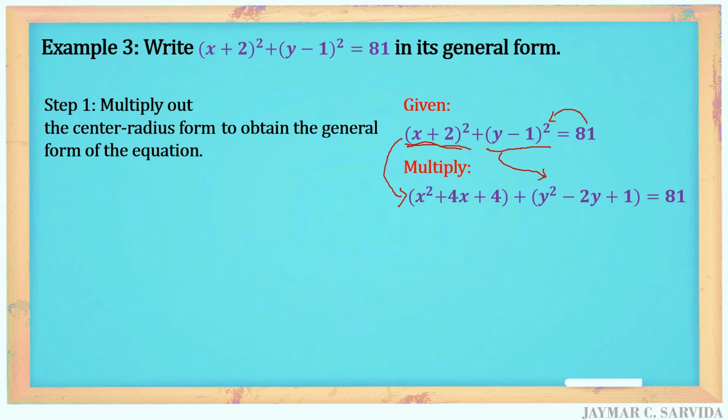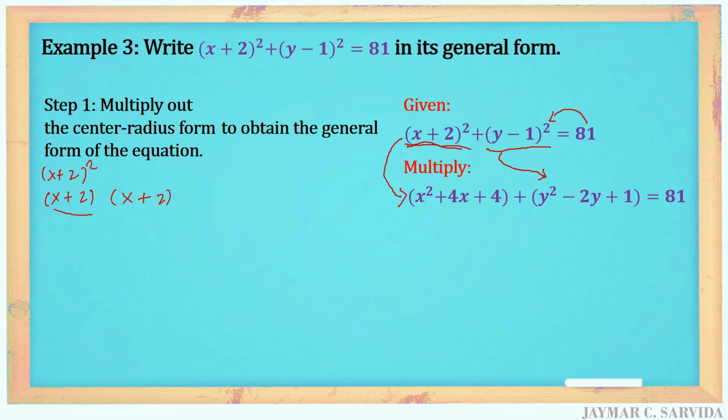Okay, so as you can remember the special products, okay, we can multiply it using the FOIL method. So that is x plus 2 times x plus 2. Okay, for the quantity of x plus 2 squared. Ayan.